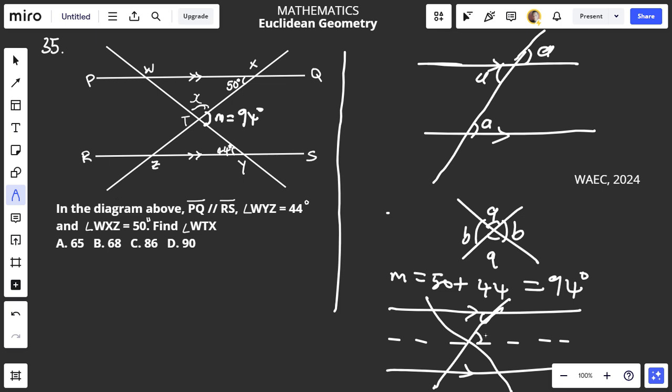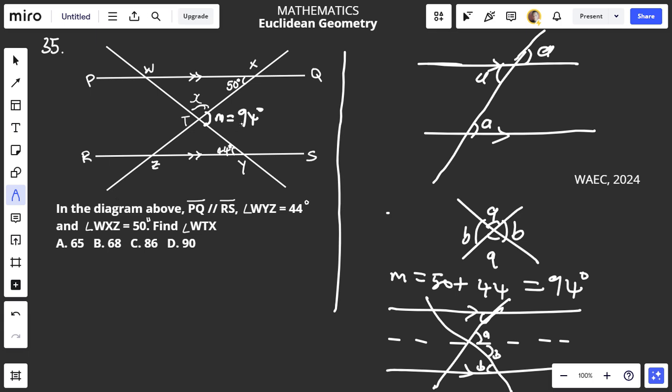So if here is A, here is A. Then whatever angle you have here will be alternate to the angle you have here. If here is B, here is B. So the summation of this angle at this center point will be A plus B. That's angle here plus angle here. So 50 plus 44 will give us the angle here, which is 94.